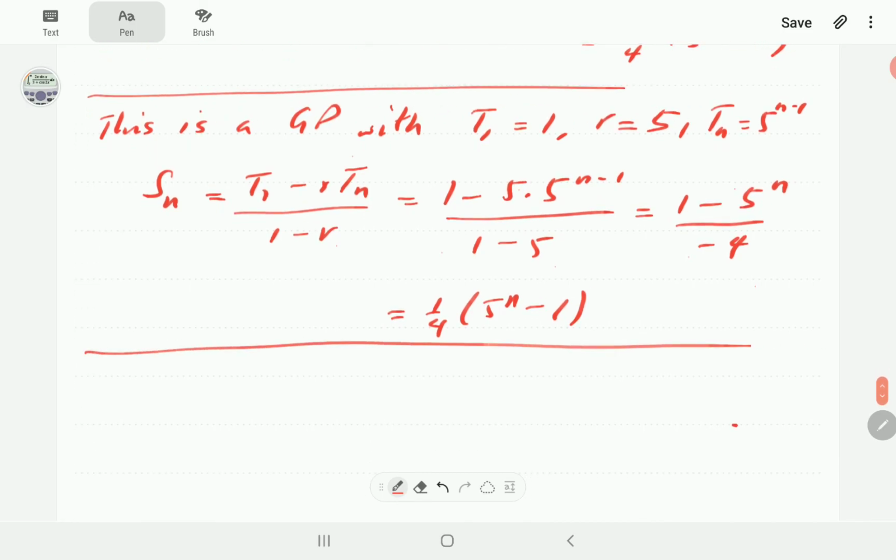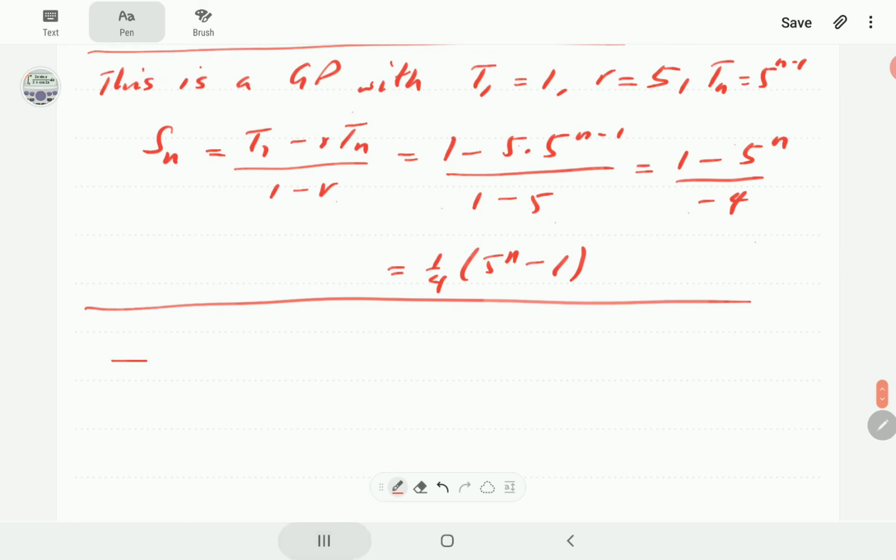Alright, however, for this question we need to use mathematical induction, and so that's what we will do. So step 1, let n be equal to 2, for instance.